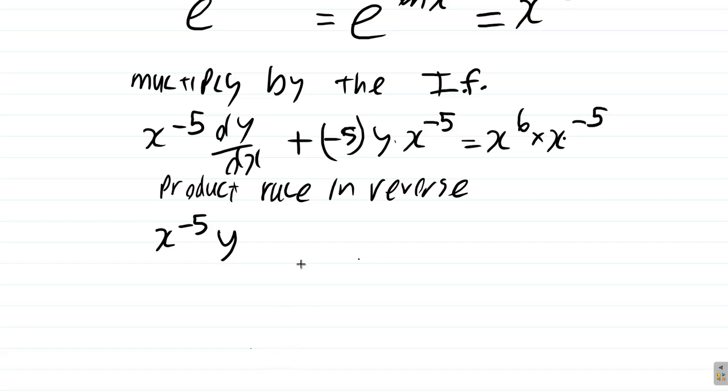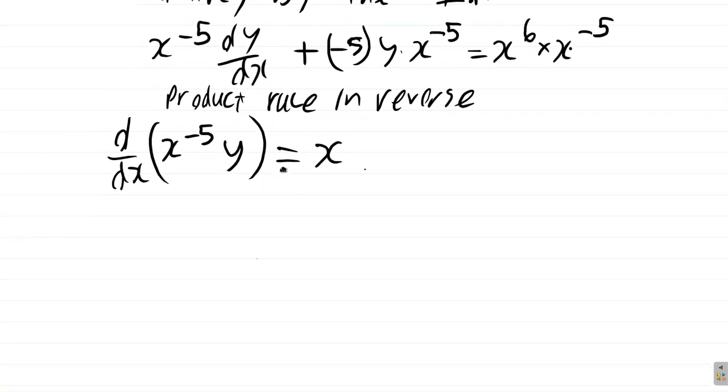Out here we hold y as it is, and if you differentiate x to the negative 5, you get negative 5 x to the negative 5. So we have back our x to the negative 5. Nice, right? So what we have here is the derivative with respect to x of x to the negative 5y equals, and then x to the 6 over x to the 5 is going to be x.